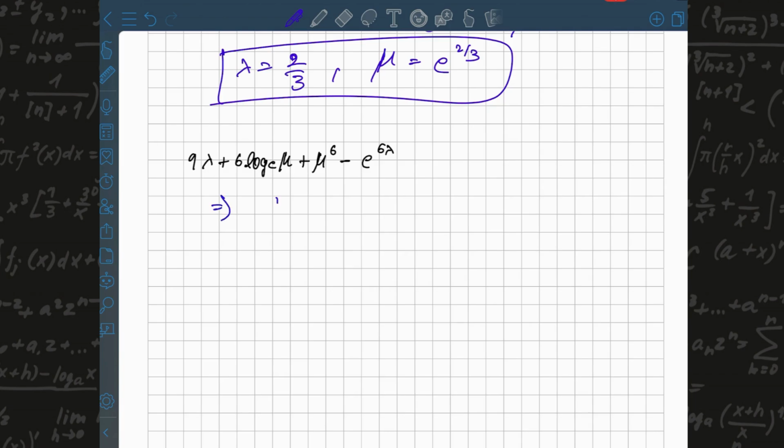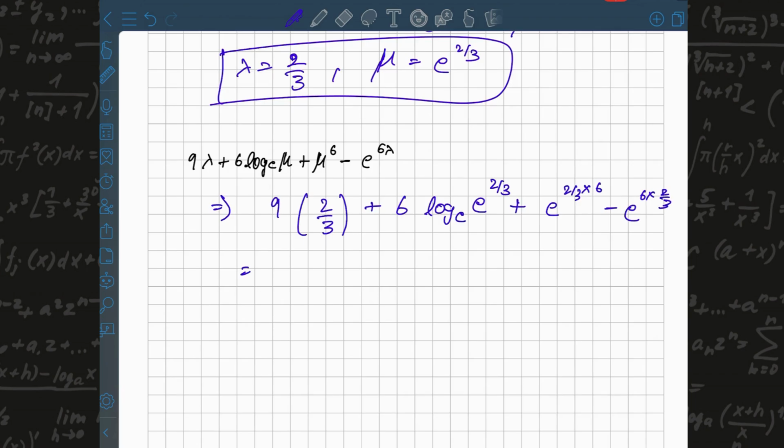So this is nothing but 9 into 2 by 3 plus 6 log base e of e power 2 by 3 plus mu power 6. What is mu power 6? E power 2 by 3 into 6, we can write it like this, and then e power 6 into lambda. Lambda is 2 by 3.